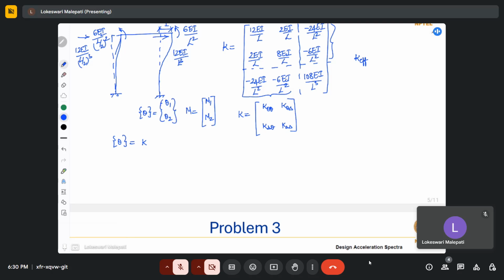So we have the relation K theta theta multiplied by theta, sorry, this is for M. So we get for theta: K theta theta inverse, K theta delta, multiplied by the delta.